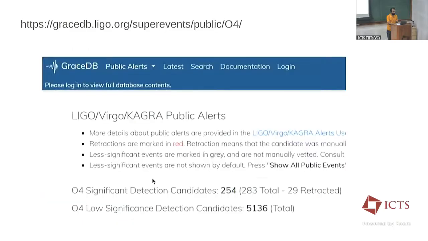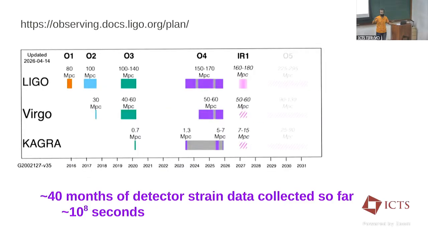Now, if you go to this public website, which shows you the latest alerts, there are about 250 signals detected in O4, overall some 300 signals, of the order of 300 signals. Now, each gravitational wave signal is roughly a second long. So that's about 300-ish seconds of real stuff in 10⁸ seconds of nothing.